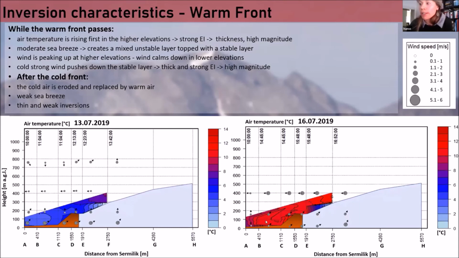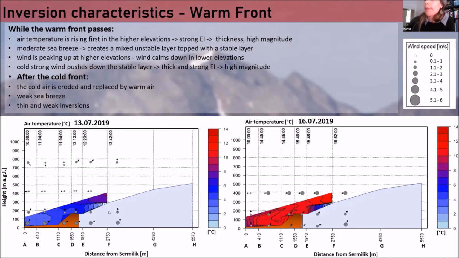On the 16th, the warm front had already passed, and the cold air at the ground is eroded and replaced by warm air. You can see here the big temperature difference. And this leads, together with a really weak sea breeze, to really thin and weak inversions, if you look here at the small circles.